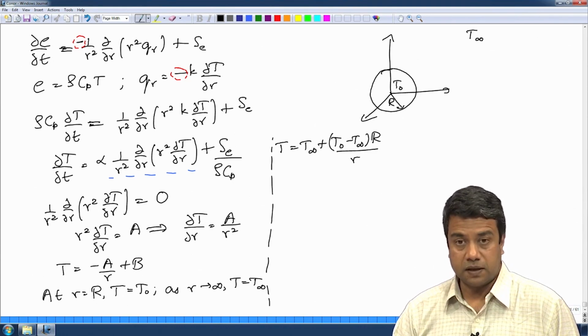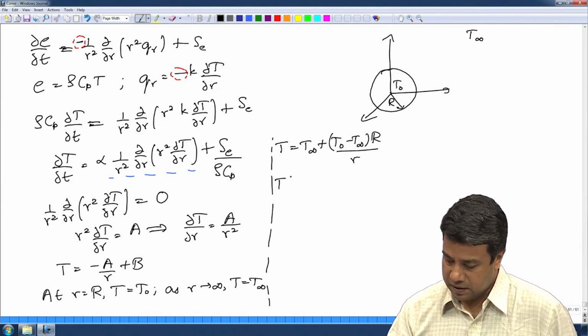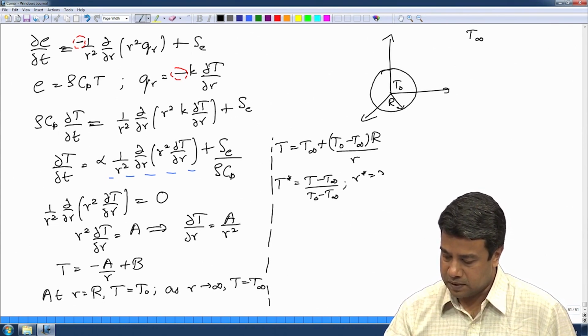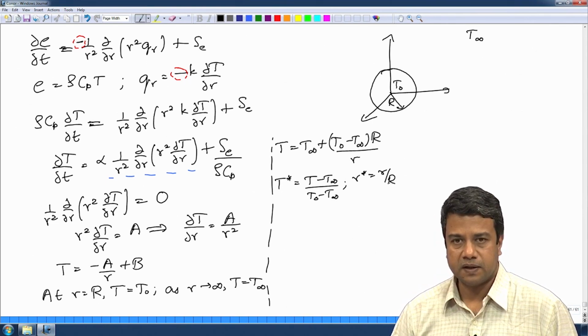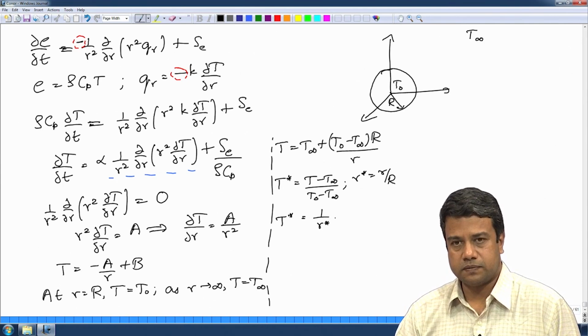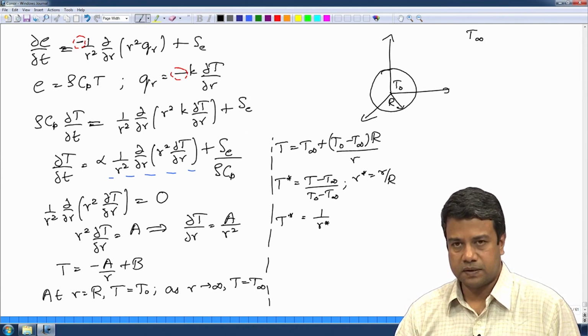Alternatively, if I had done my scaling, T star is equal to T minus T infinity by T naught minus T infinity, and r star is equal to r by R, this equation could well have been written as T star is equal to 1 over r star. So, that is the temperature field.